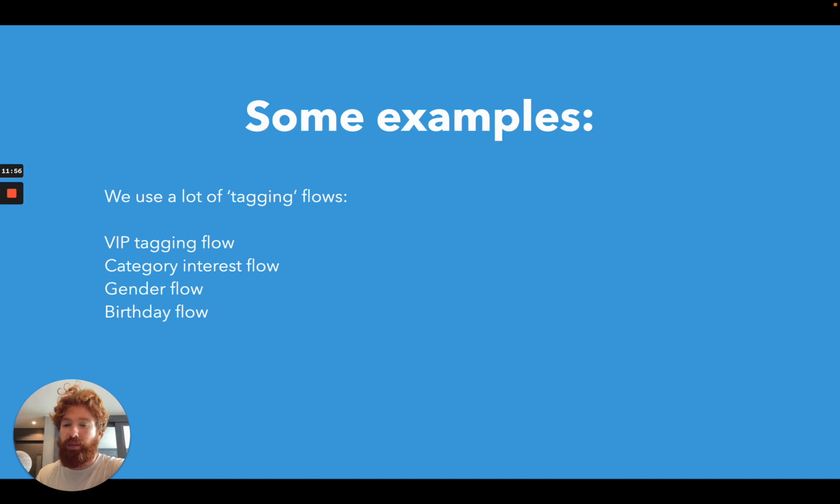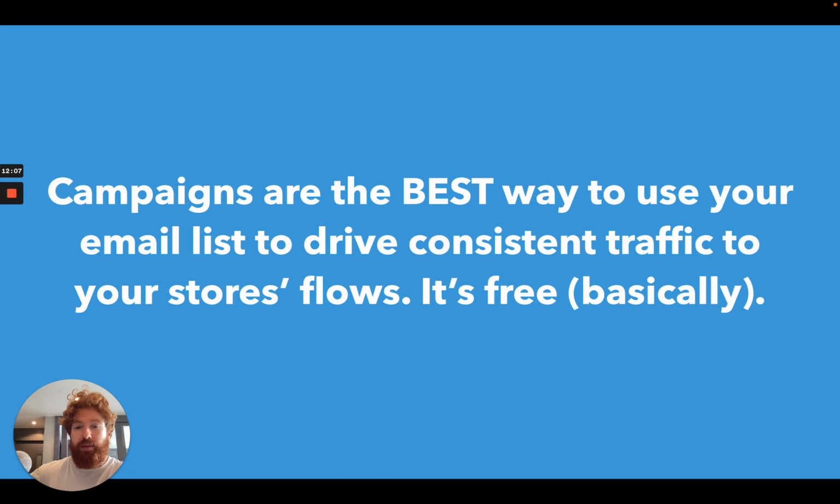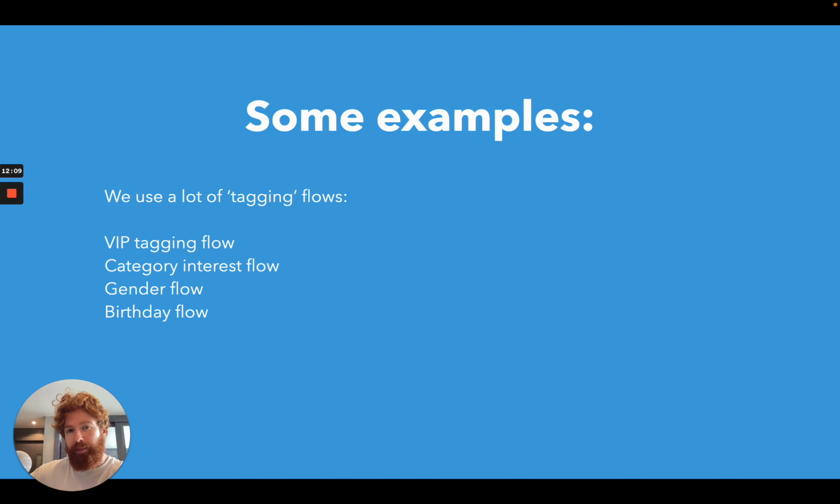And then the birthday flow is pretty obvious. Once it's someone's birthday, you can send them an email, maybe a discount, something like that, just to get that sale there as well. So yeah, there's some examples of more advanced flows that you could try, but again, not needed for potentially the majority of stores, but very useful if you're at a certain level.